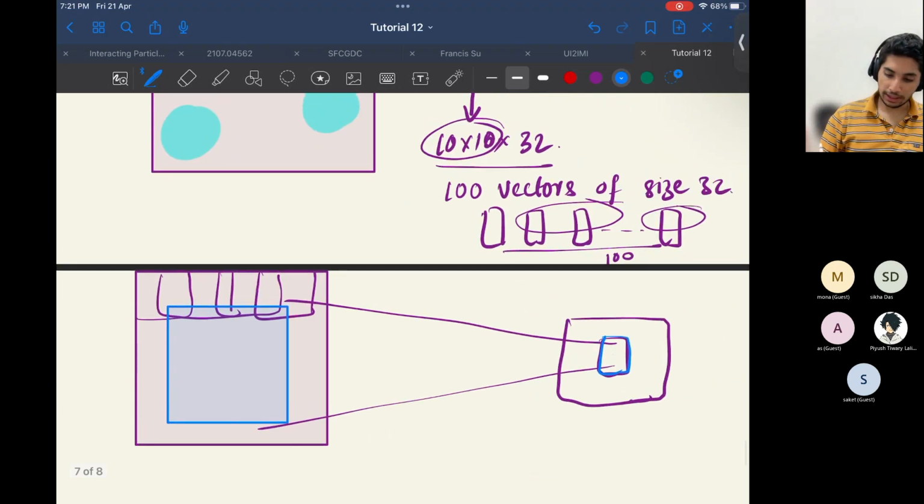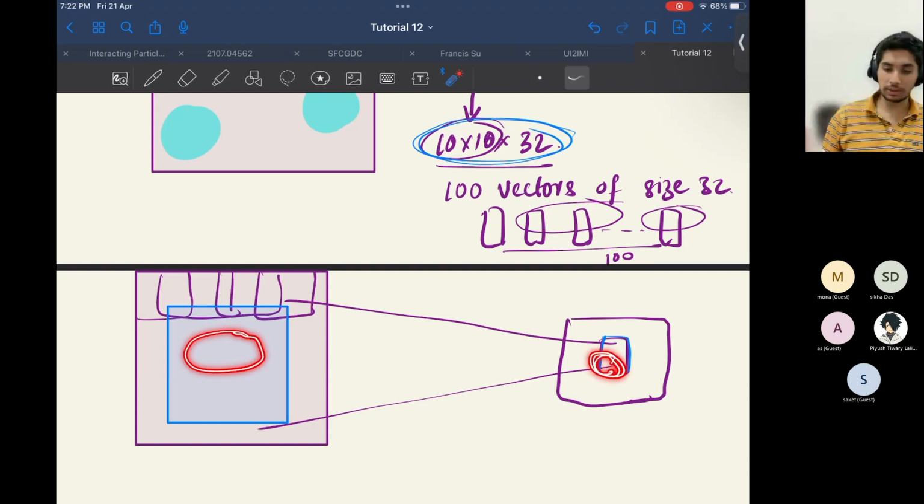If I'm using those vectors to apply attention, I hope you will agree that what I'm doing is focusing on this part of the image, which corresponds to some 10 or 3 vectors of this particular feature. That is how attention is applied in images.